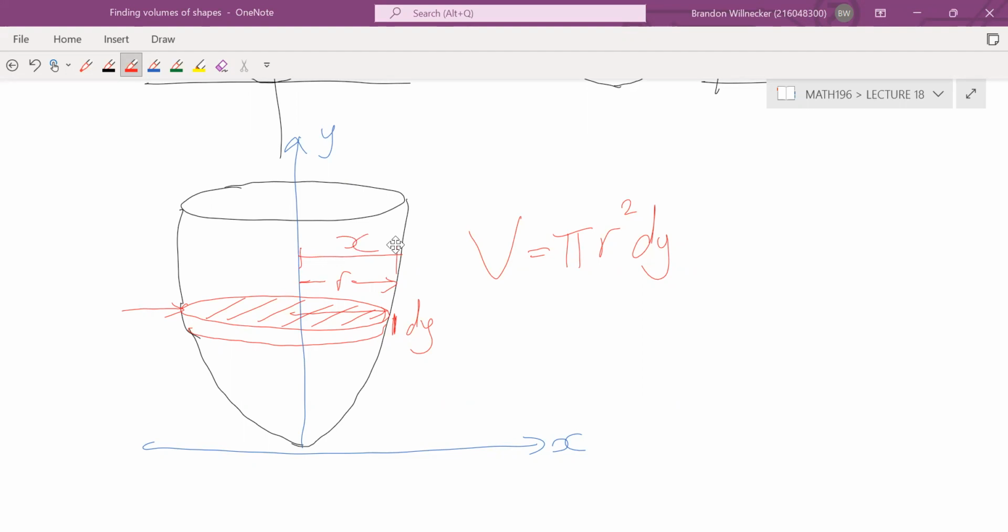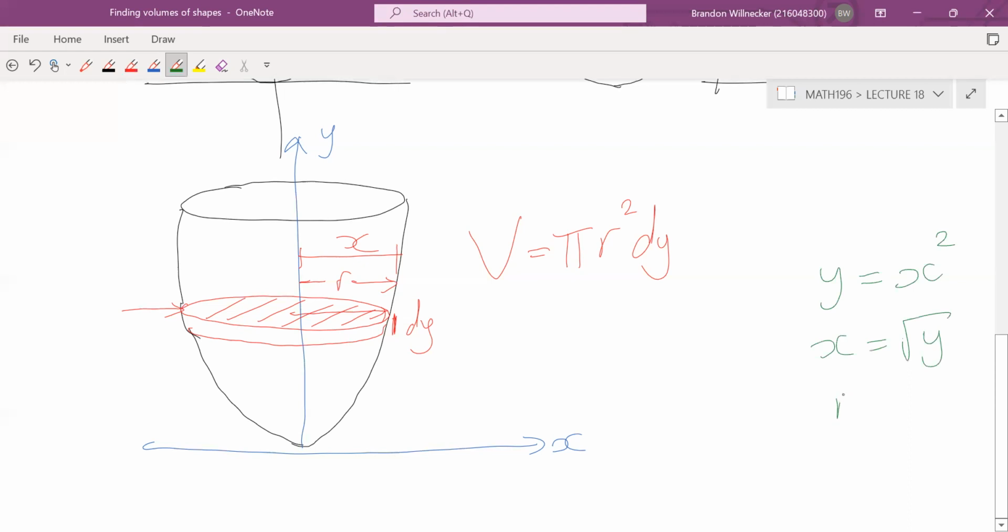Okay, but what is the radius in terms of y? Because look, as I move up my shape, from the origin moving up, we see that the radius changes in terms of y. So let's just do a little side working here. If y is equal to x squared, that's the shape, then x is equal to root y.